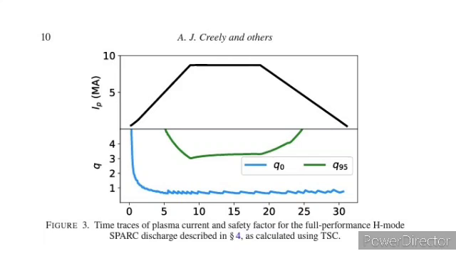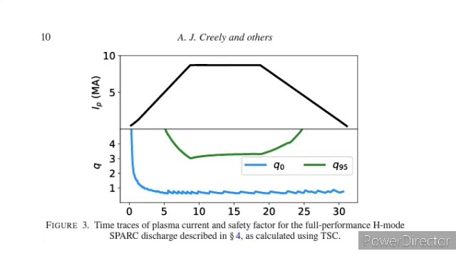Given the SPARC V2 central solenoid and toroidal field coil set, TSC simulates all of the central solenoid modules and toroidal field coils, including the vertical stability coils. It also includes passively conducting structures such as the vacuum vessel and the vertical stability plate.